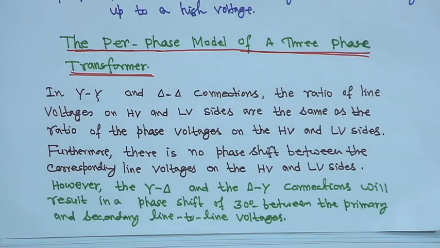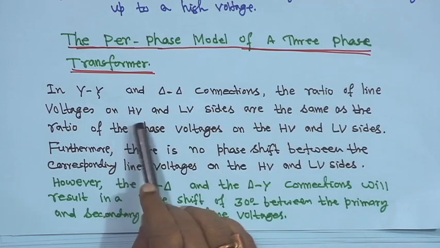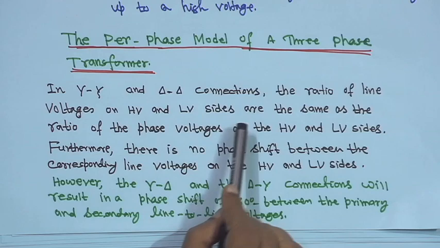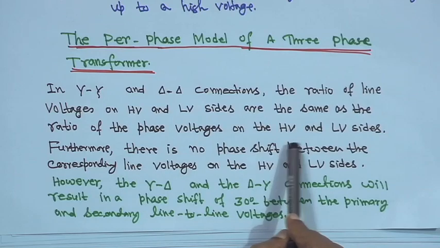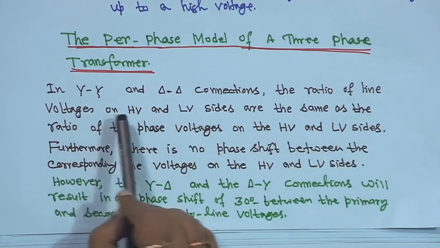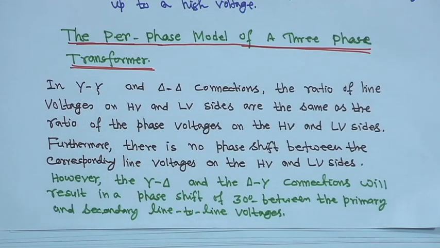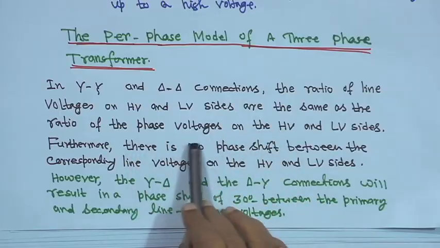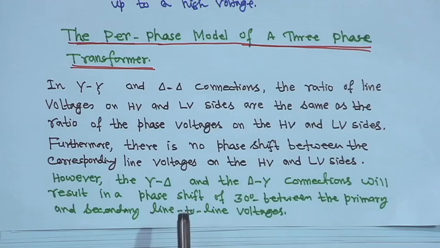In star, line voltage is equal to root 3 times phase voltage, and for the delta case line voltage and phase voltage are both the same. That is why the ratio of the phase voltage on the HV and LV side is the same. You can verify it because you have studied electrical machines.